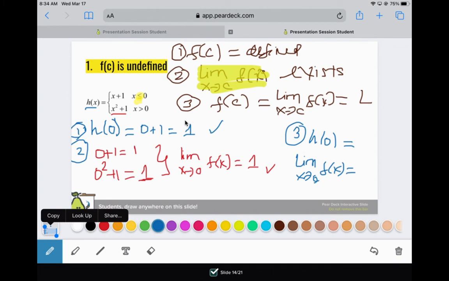Step 1, h of 0 is 1. Step 2, the limit is 1. So they are equal to each other. So step 3 also meets the criteria. They are the same. So I can say f of x is continuous at x equals 0.